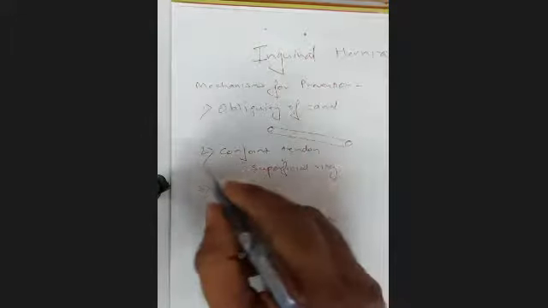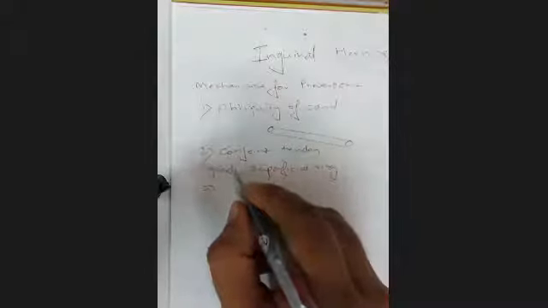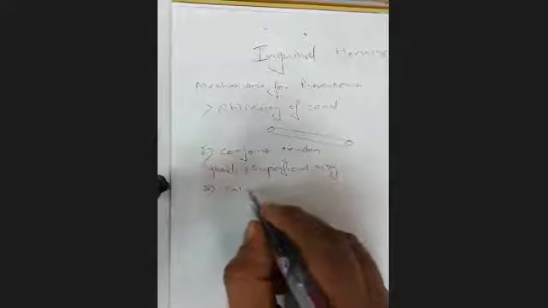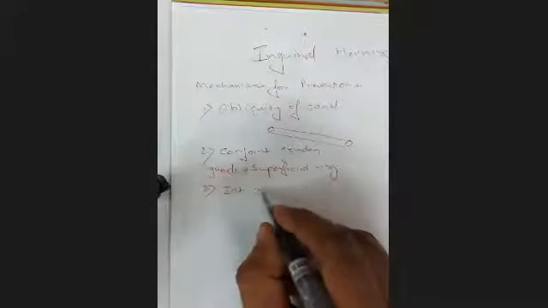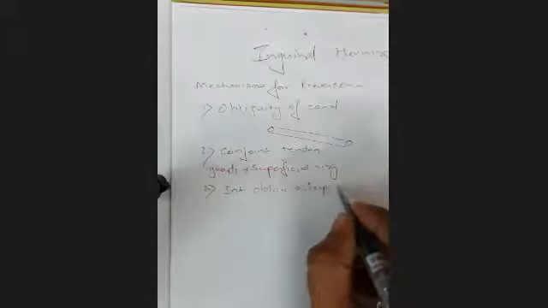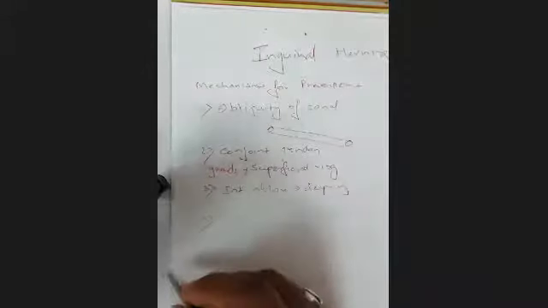So the conjoint tendon guards the superficial ring, and the internal oblique muscle guards the deep ring. Now we start with the mechanisms.